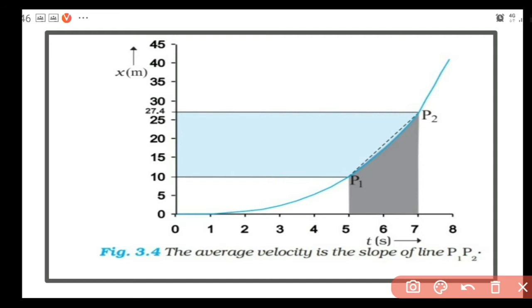That slope gives you the average velocity for that particular time interval. Here in this example, we found the average velocity corresponding to the time interval 5 to 7 seconds, that means an interval of 2 seconds. That is how we can find the average velocity from a position time graph.